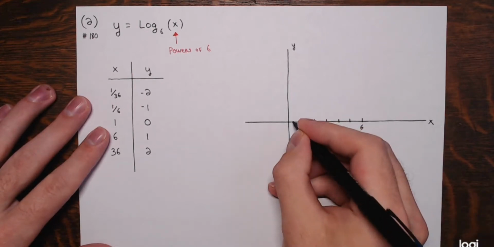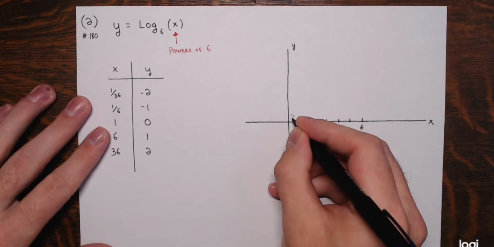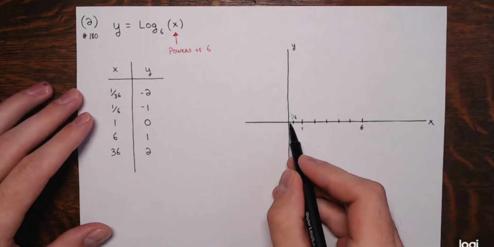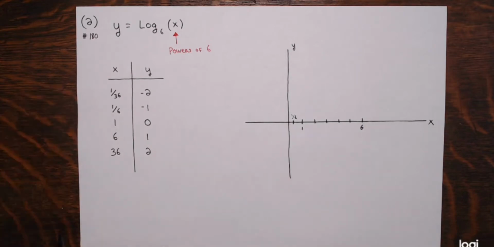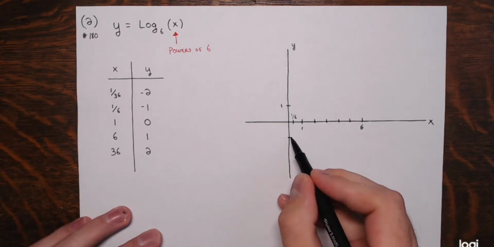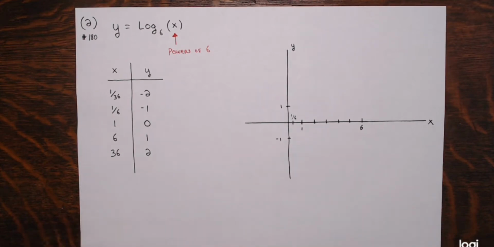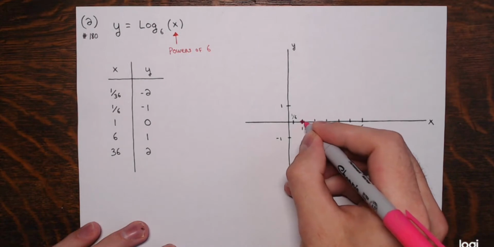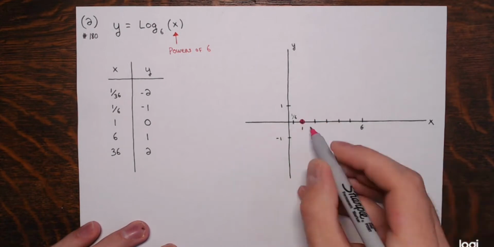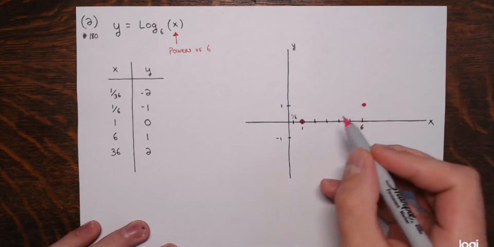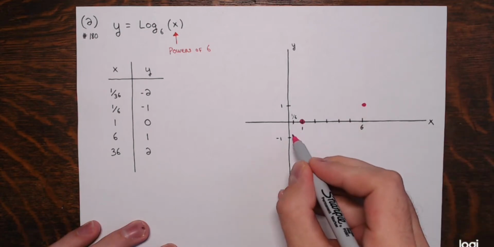And then here's 1/6, and 1/36 would be even smaller, and 1/6 cubed, and 1/6 to the fourth, but always positive. All right, so I got these points to plot. 1, 0: input 1, output 0. Input 6, output 1. Input 1/6, output -1.